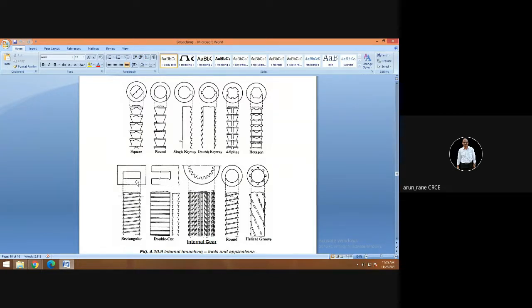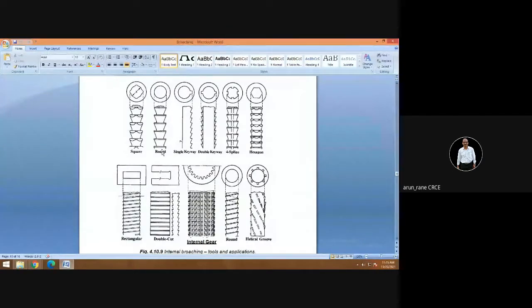So these are the customized broaches. Round broaches are more common, and round broaches are manufactured in lots in standard sizes like 10, 12, 16, 20, up to 25. Other sizes have to be customized.